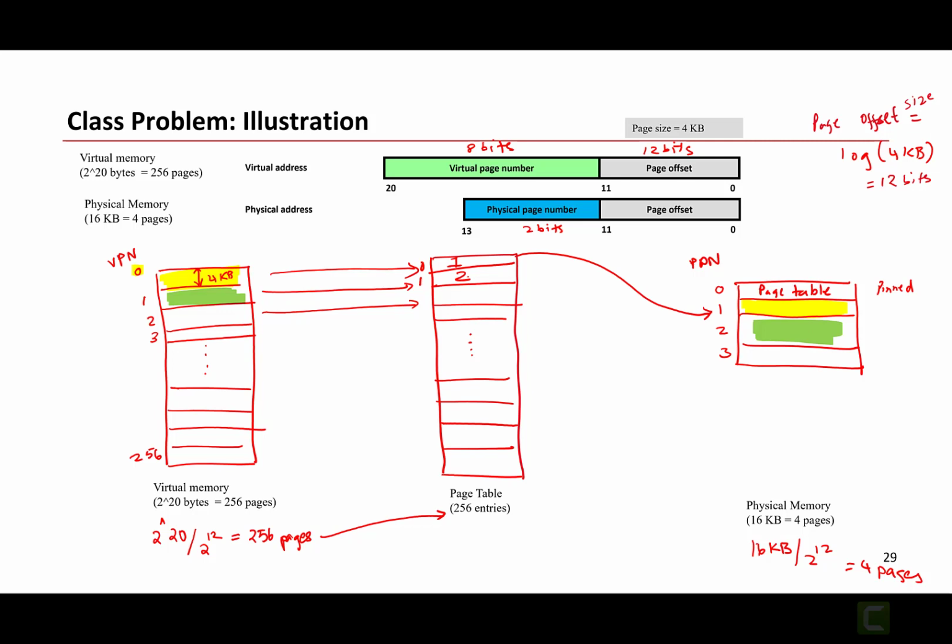That means that all of these pages have not yet been accessed by the program, and there would be an invalid bit set to true for all of these pages. This uses the principle of on-demand page allocation. The operating system does not allocate all the physical pages that you need for the program right away.